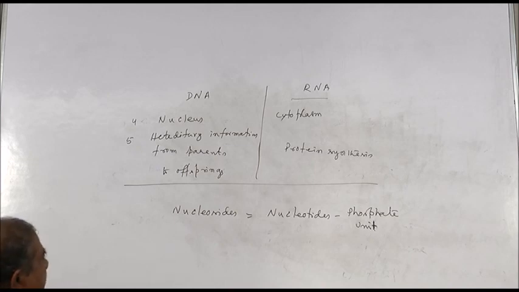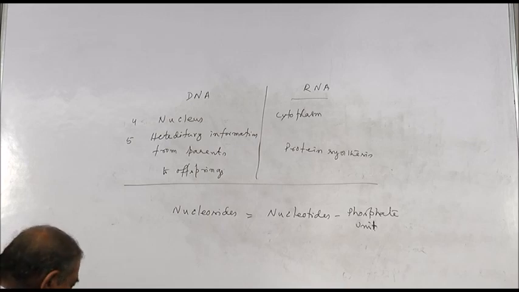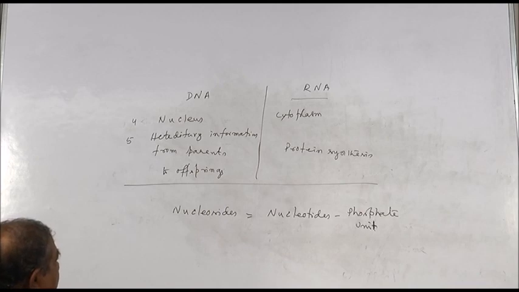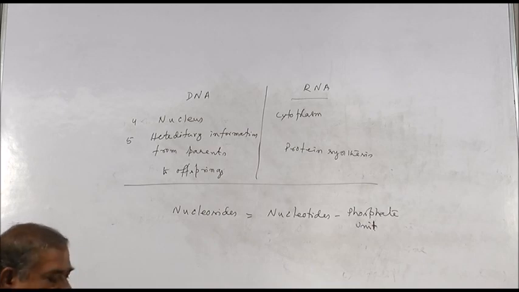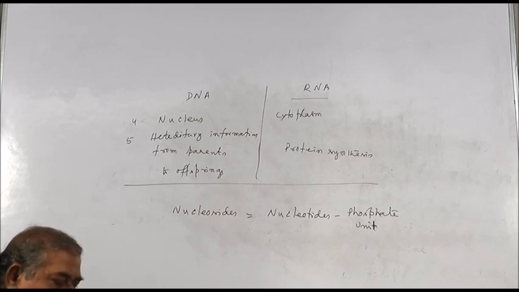DNA is a double helix structure, RNA is a single strand. DNA is present in the nucleus, RNA is present in the cytoplasm. DNA carries the hereditary information from parents to offspring, but RNA is mostly responsible for protein synthesis. So, this is all about the nucleic acids.